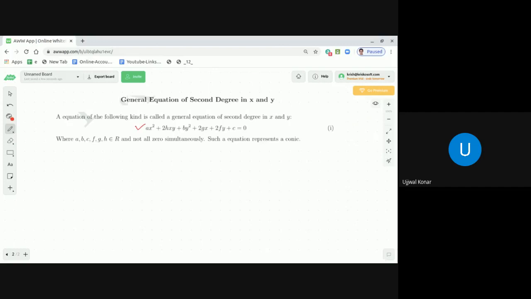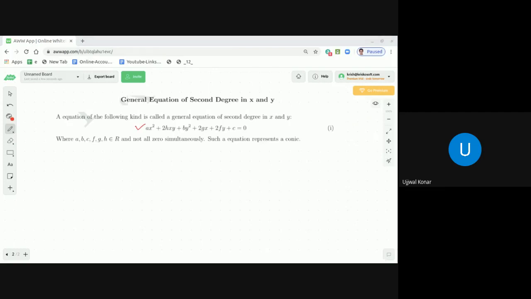Such an equation represents a conic. Now, there is a fundamental question. How can we say this conic is a parabola or ellipse or hyperbola, which are the three most important points of our discussion? That depends on a few conditions, and we are going to discuss that, dear students.